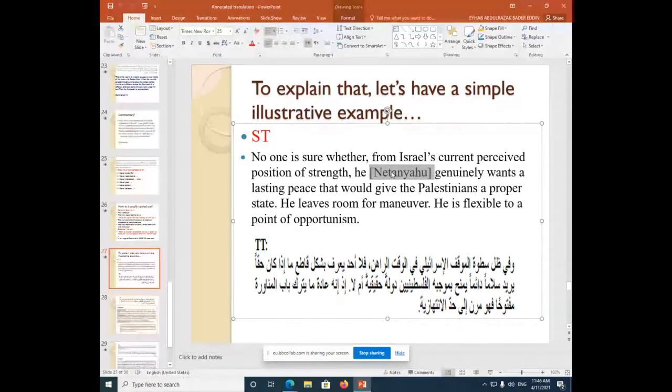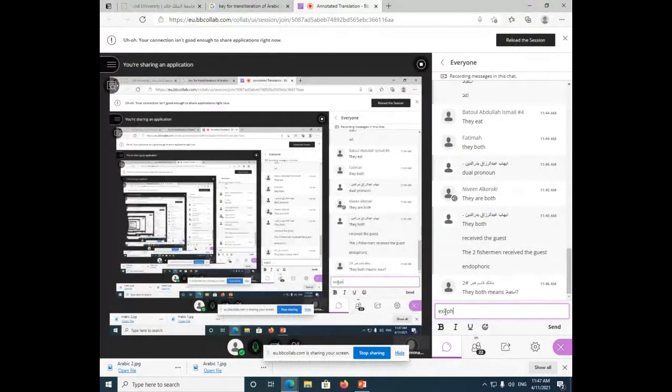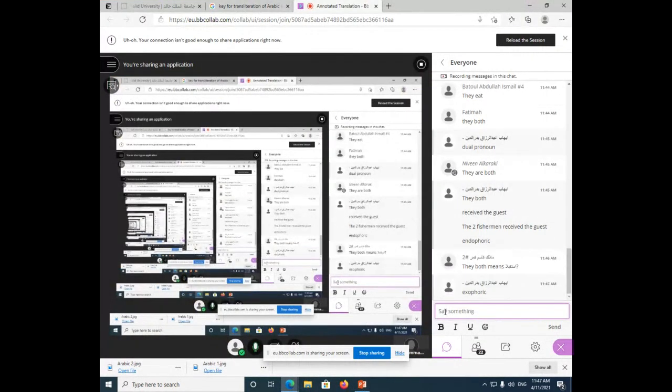If we have Netanyahu in this text or in the preceding paragraph, and the preceding paragraph is at our hand, we say that he is an endophoric piece of information. لكن لو we had this text but we don't have any reference to Netanyahu and you don't know that he refers to Netanyahu, then we say that the reference here is exophoric, خارج النص.